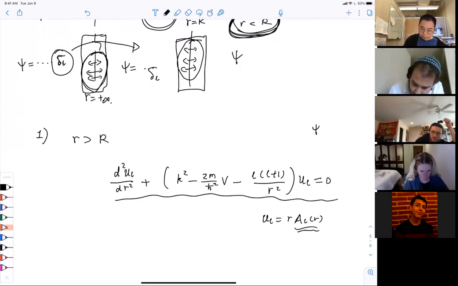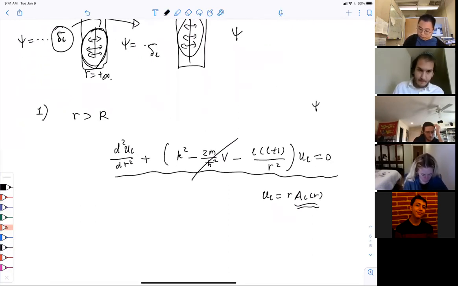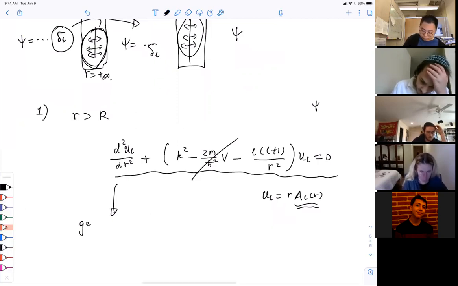Of course, for r larger than capital R, V is 0, so there's no such term. The solution for this is given by the general solution.